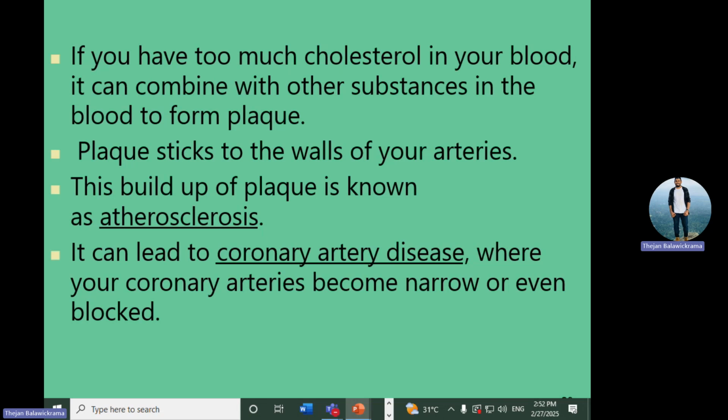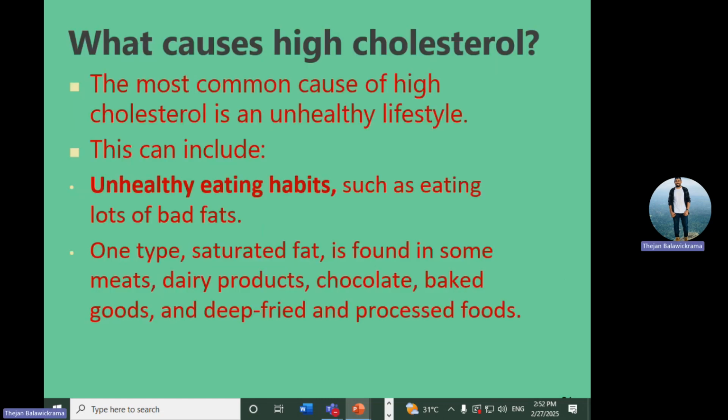Not with cholesterol alone. Cholesterol combines with other substances in the blood, and that newly formed substance, just like a layer, is going to be deposited. So finally, arteries become narrow.